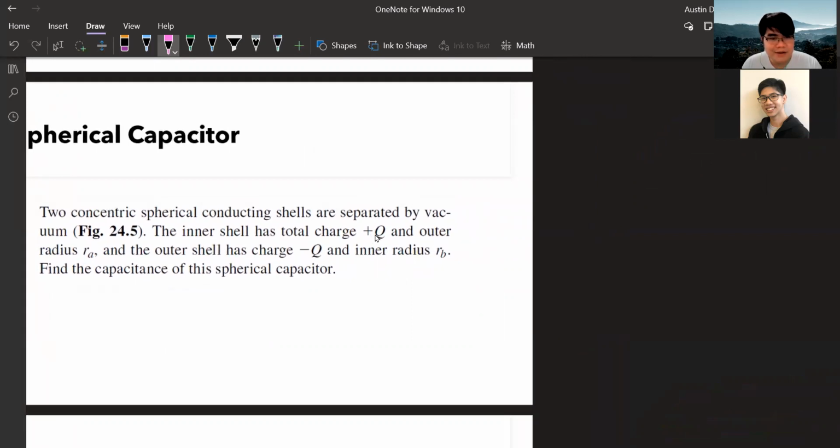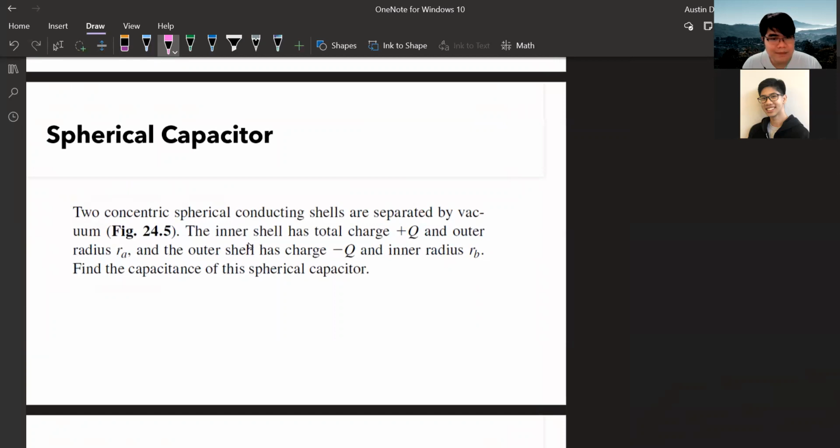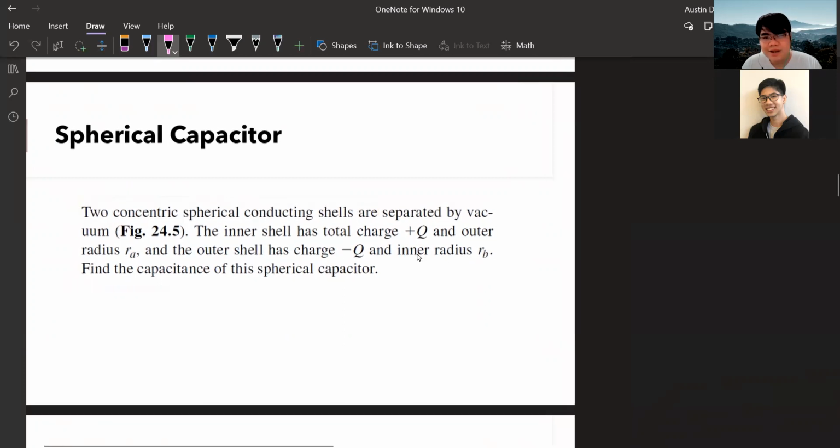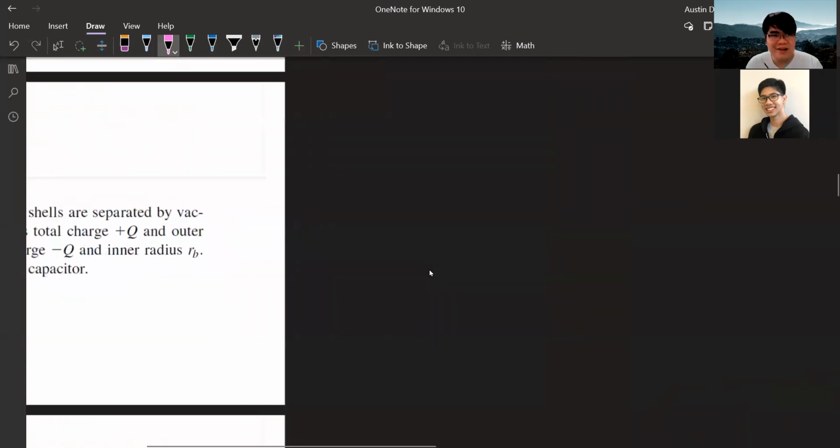The inner shell has charge Q, and the outer shell has charge negative Q. The inner shell has a total charge of Q and outer radius RA. That's confusing, but what it wants to point out is that you have two spherical shells.